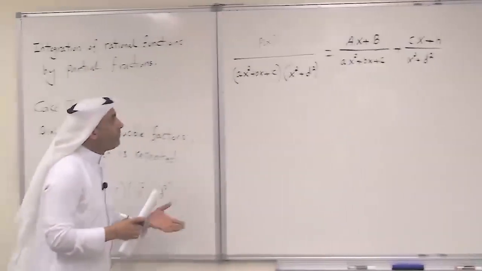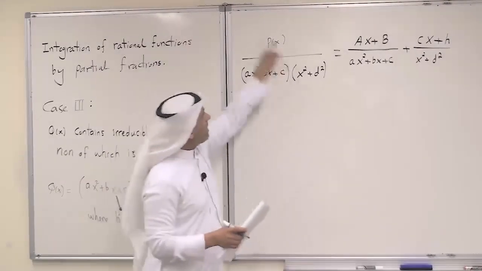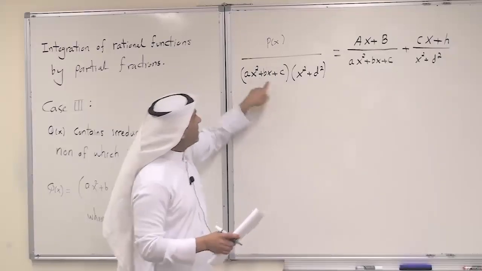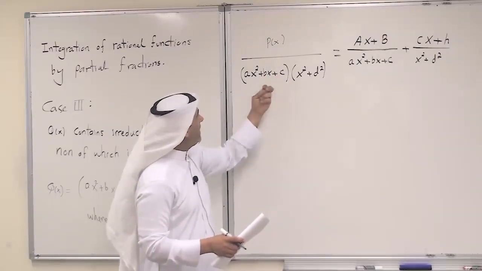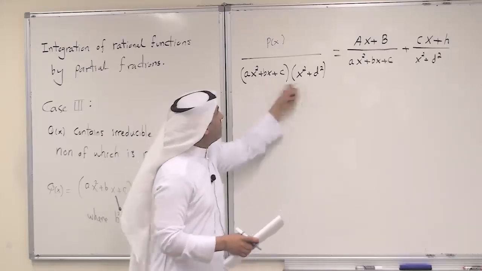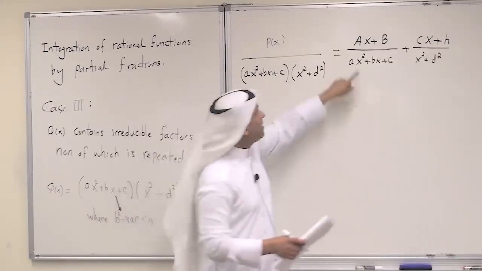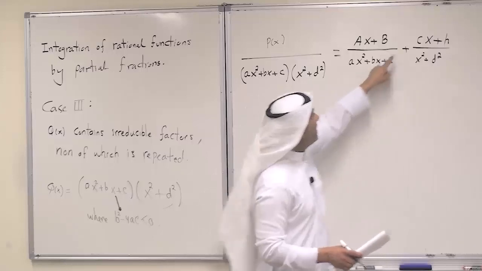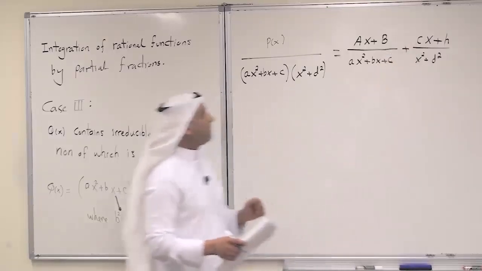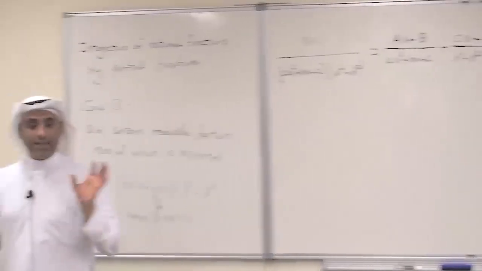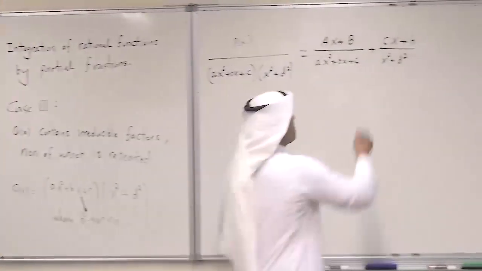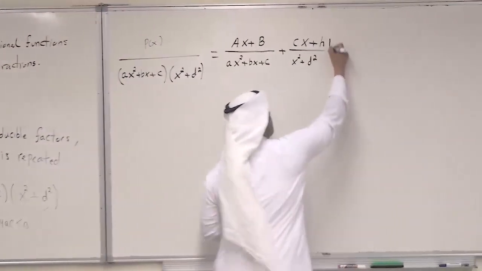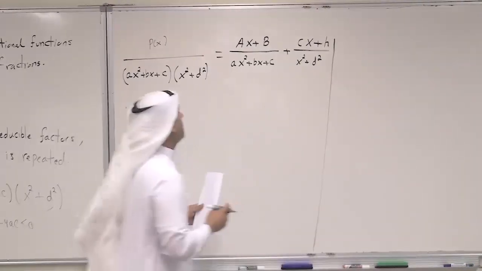So this is always possible if you have a rational function whose denominator is factored into a product of nonlinear factors, but none of them is repeated. In this case, you need a linear factor for the first one, and a linear factor for the second one. Then we can integrate the new terms. Let us look at the new shape of the fraction after decomposing.